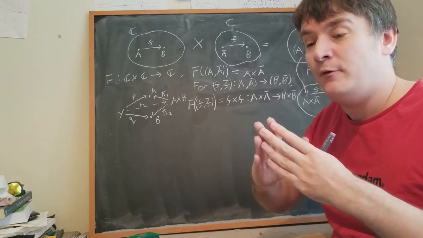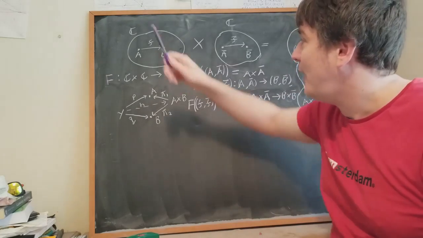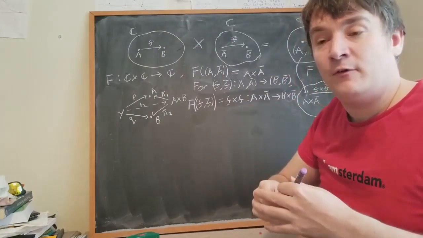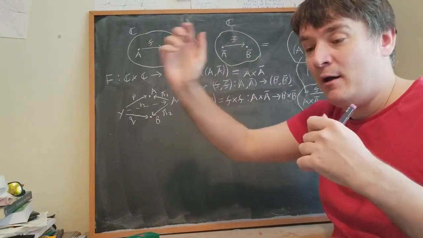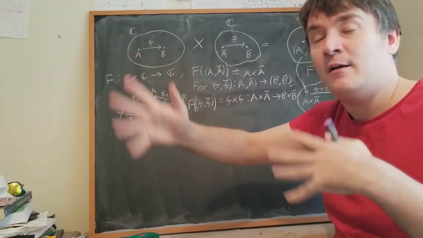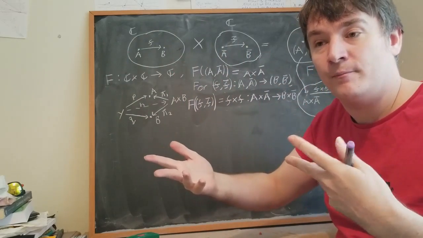Now we're going to suppose that we're lucky enough that this category C is such that for any pair of objects we can find a categorical product.